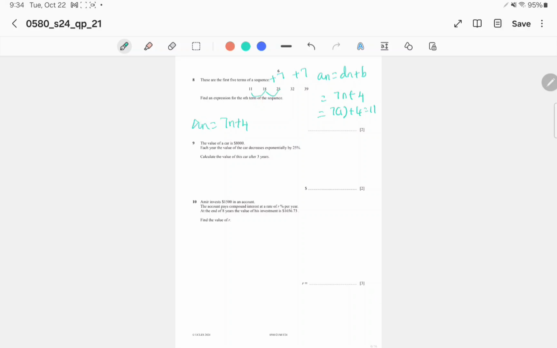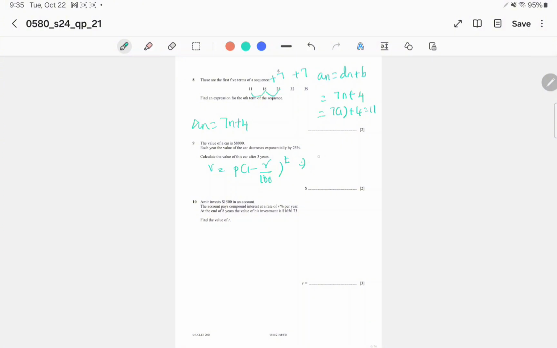This is the equation. Next question: the value of a car is $8,000. Each year it gets decreased exponentially by 25%. Calculate the value of the car after 3 years. So how will you calculate the value? Our formula is value is equal to P into (1 minus R by 100) whole power the time it takes.